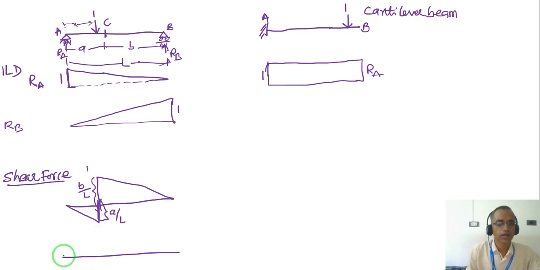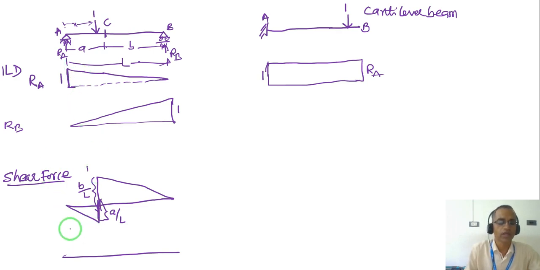Then finding the RA and RB, the moment at C will be M x equals x b by L, for x equal to 0 to A.